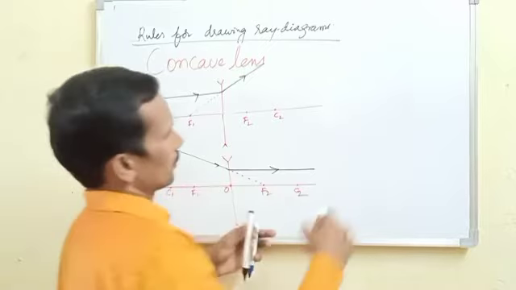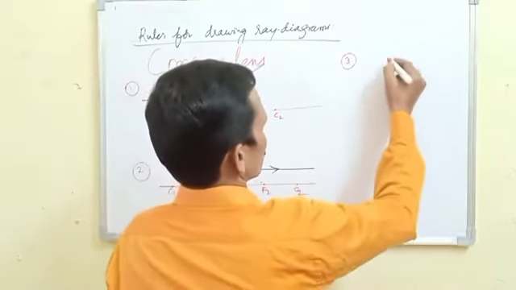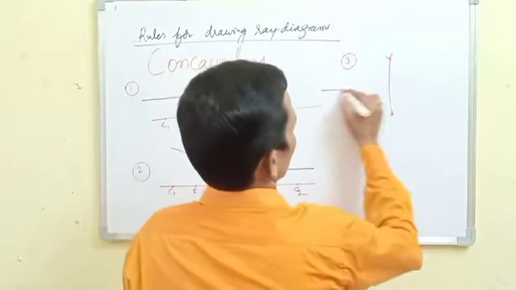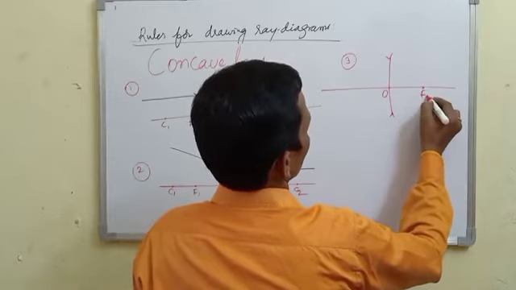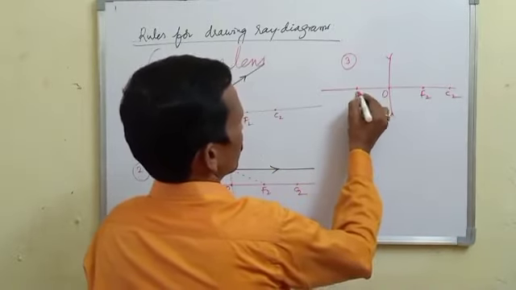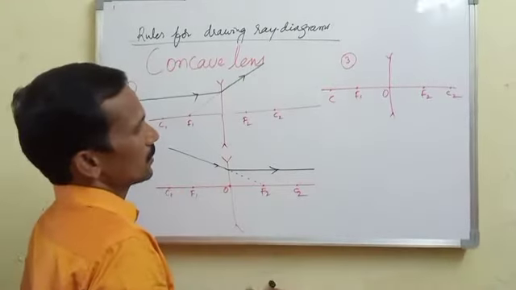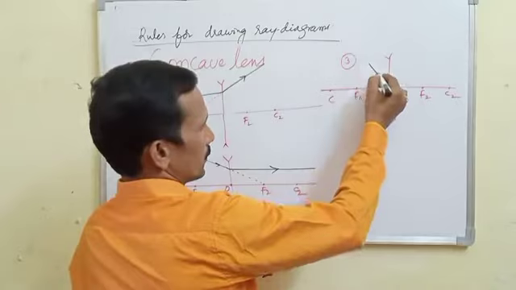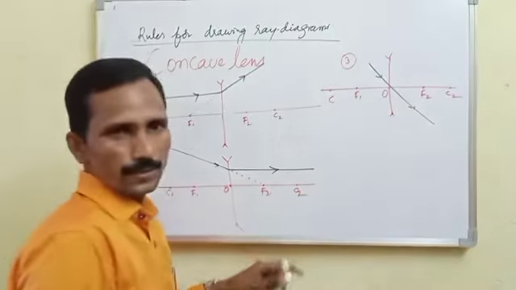Next, third case. A ray which is passing through the optic center: a light ray incident through the optic center does not deviate, it goes in the same path.